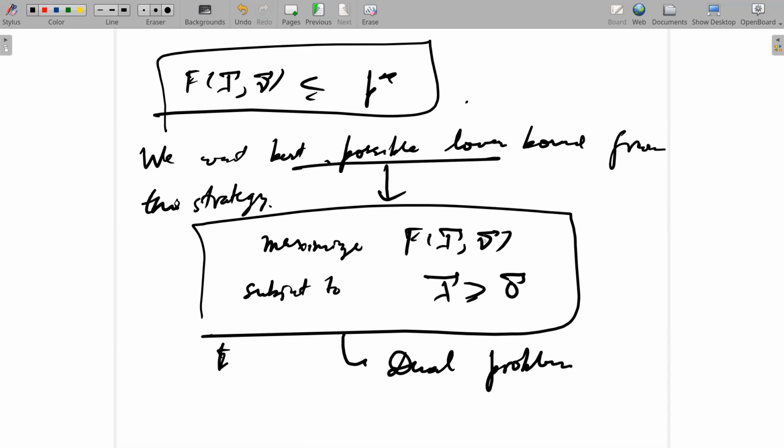Since f is concave, this is equivalent to minimizing minus f, and minus f is convex. So naturally, when you're looking at the dual problem, minimize minus f subject to lambda bigger than or equal to 0, that is actually a convex optimization problem.